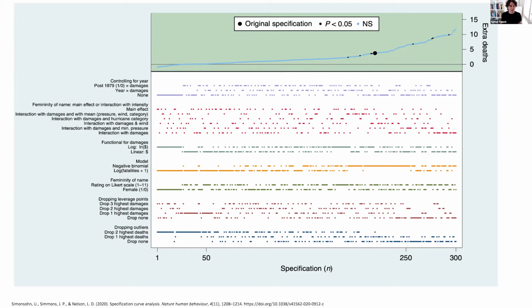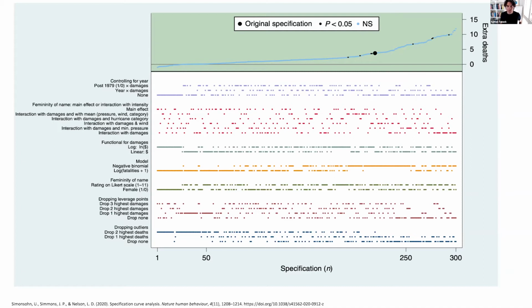And then the dots vertically aligned below are the different specifications. There's a total of 1,728 specifications. What's worth noticing is that the original specification is this one over here, where it's the large black dot. The other smaller black dots are specifications that led to a p-value of less than 0.05. And then the rest of them, in blue, are not significant.